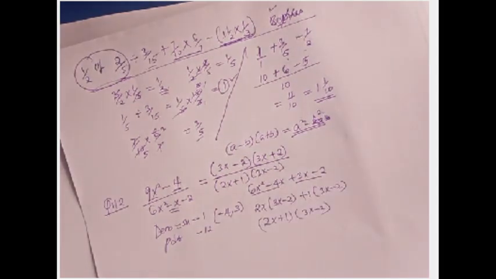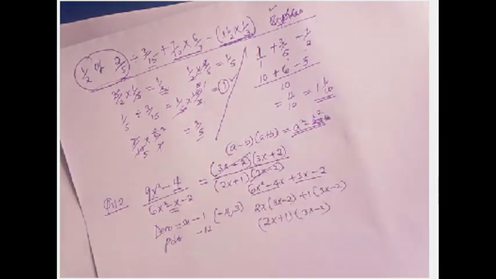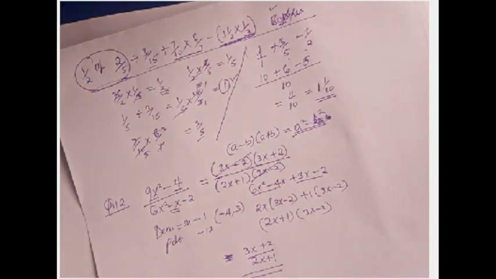If we check, we have 3x minus 2 and 3x minus 2, which will cancel out, and our final expression becomes 3x plus 2 over 2x plus 1. This is question 2.